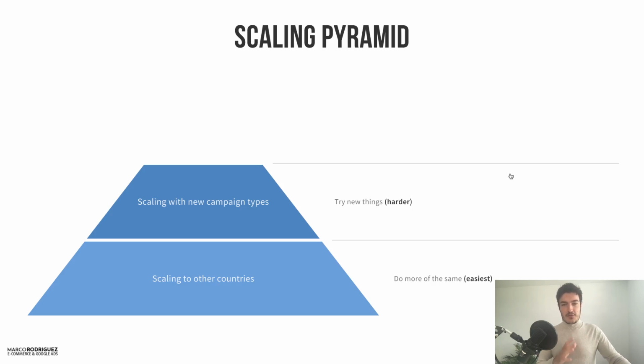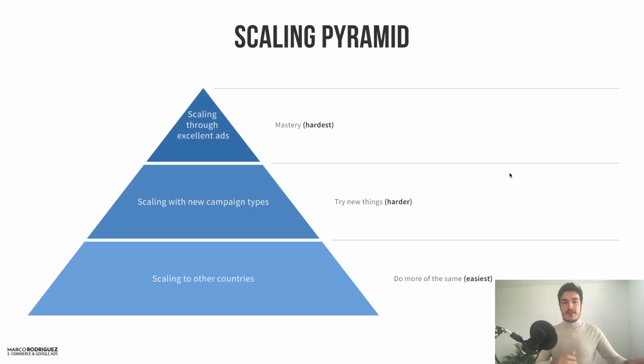And then the pinnacle here is scaling through excellent ads, as I called it in this example, where you have to master it. Any campaign type, any campaign, any Google ad strategy can technically be scaled if you are doing the right things and you know how to do it properly. If you are a beginner, you might still get to $50,000 a month or $100,000 a month.